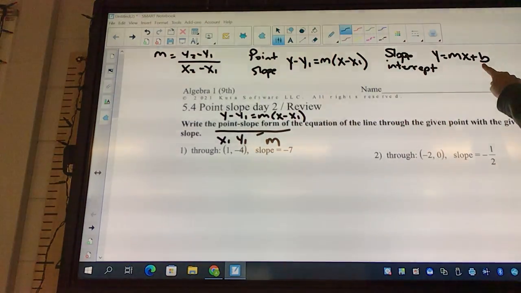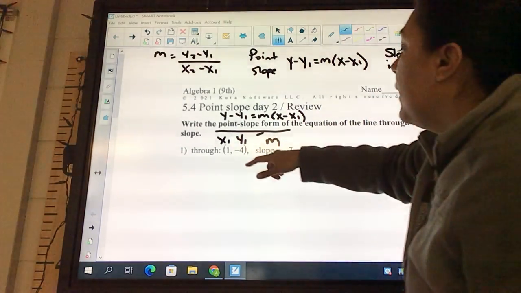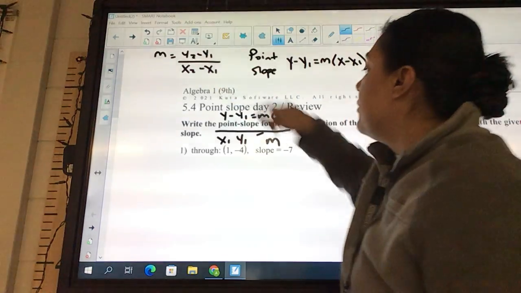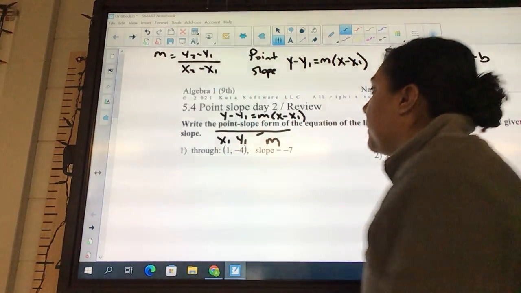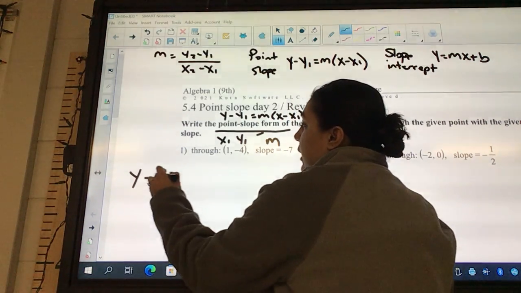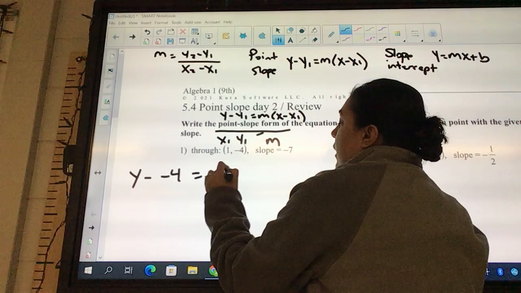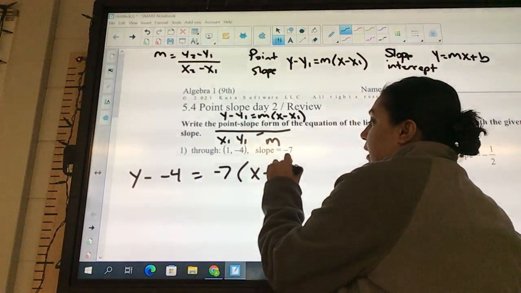Do I have a b anywhere on here? No, I don't. So I'm definitely not going to use this formula. We already have our slope, so we don't need to use this formula. I have a point and a slope, so I'm going to use point slope. So we got y minus my y1, which is negative 4, equals my m, which is negative 7, times x minus x1, which is 1.